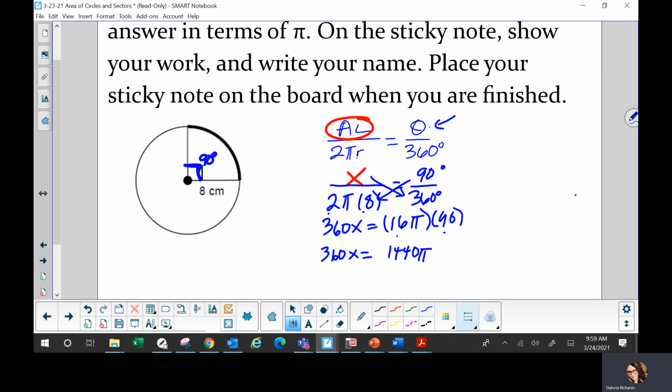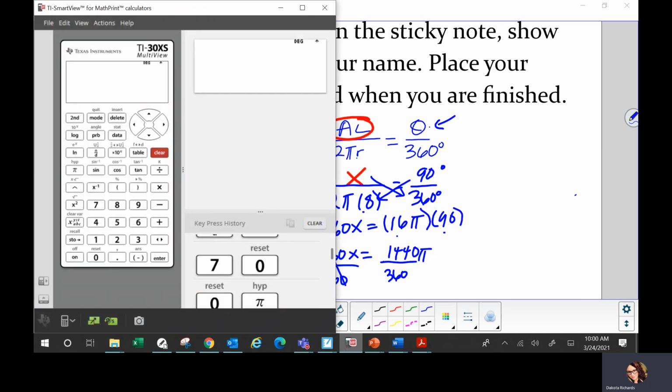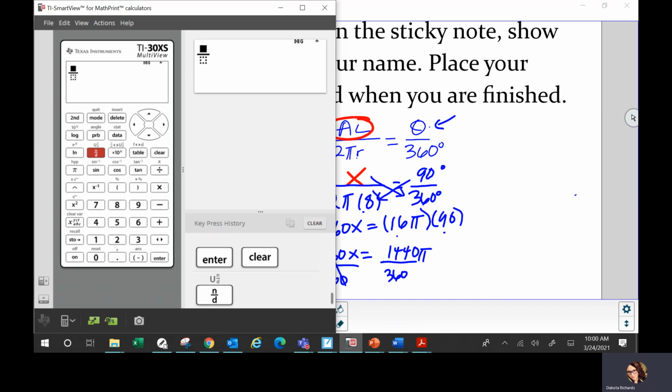Now we're going to divide by 360. Okay, so in your calculator, what you can do here is simply divide the two numbers. Don't include pi just yet. Just use your fraction and divide.